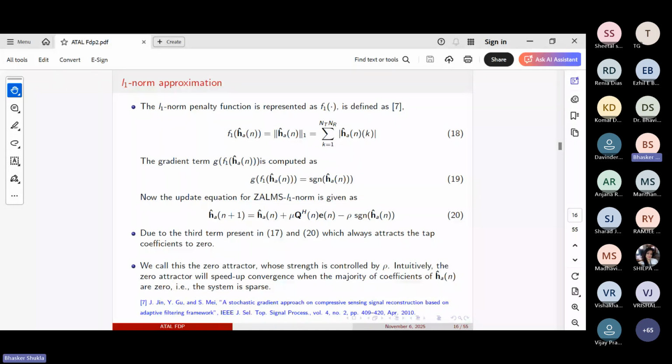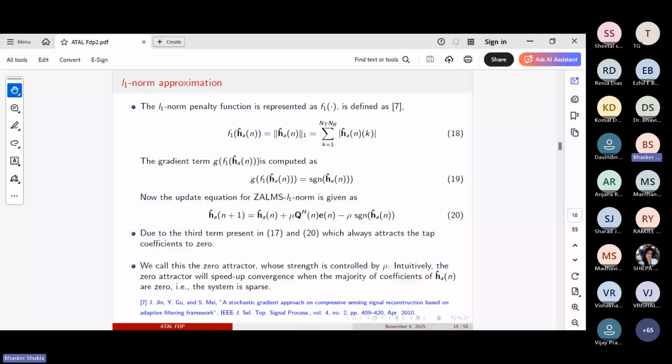If we apply the SGN function, then it makes the elements close to 0 if they are very small. Means if they are small, this function makes them 0, so it increases the sparsity, it attracts sparsity due to the SGN function.